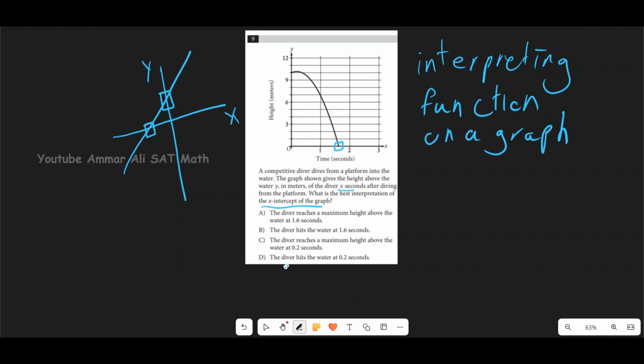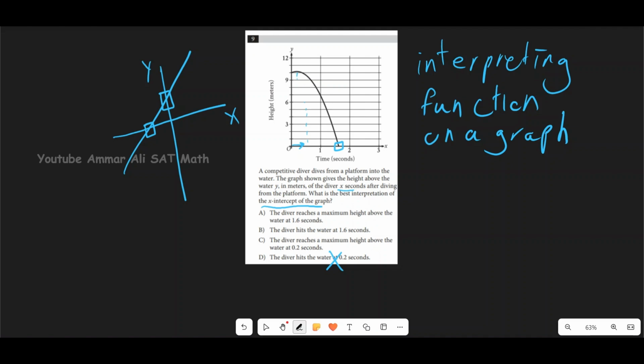The diver hits the water at 0.2 seconds. Okay, let's see. If we go to 0.2 seconds, that's right here, kind of. Where is their height? Their height is much higher than the water, so we know that D is wrong. Let's look at C. The diver reaches a maximum height above the water at 0.2 seconds.